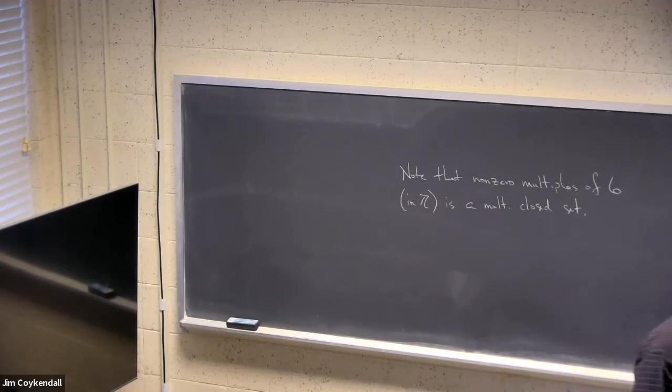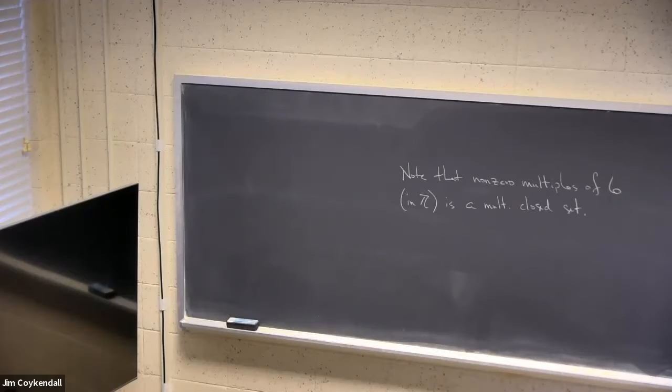Notice that the non-zero multiples of 6 in the integers is certainly a multiplicatively closed set, because the product of two elements that are multiples of 6 is a multiple of 6, and since the integers are an integral domain, it's impossible for two non-zero multiples of 6 to be 0.